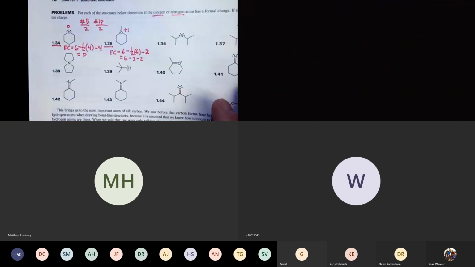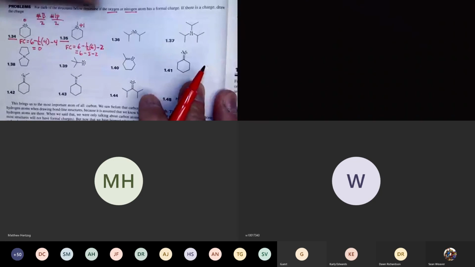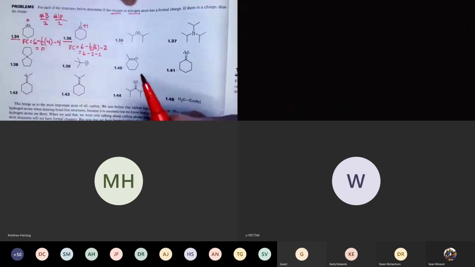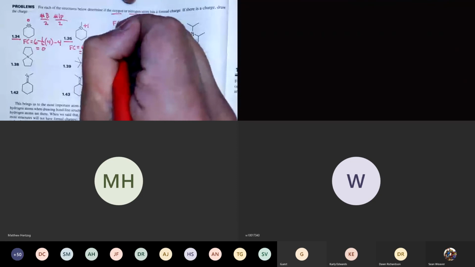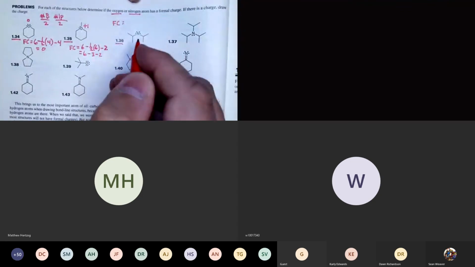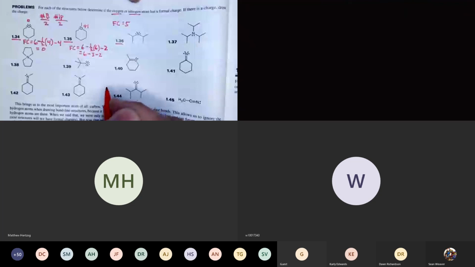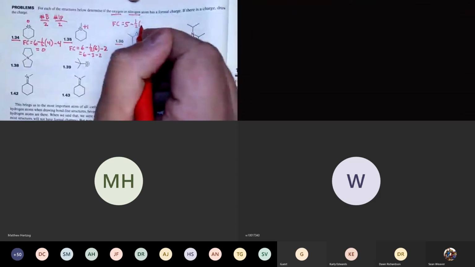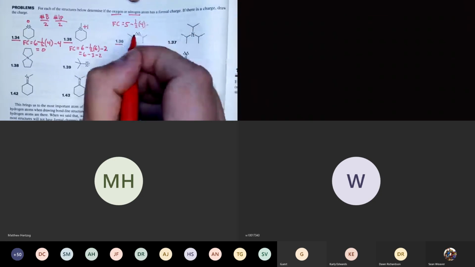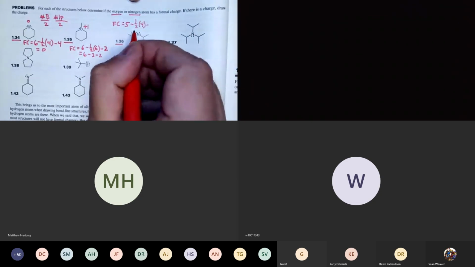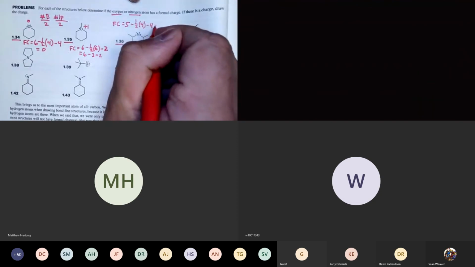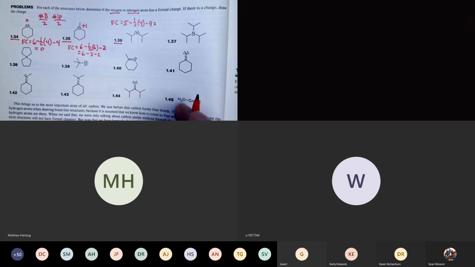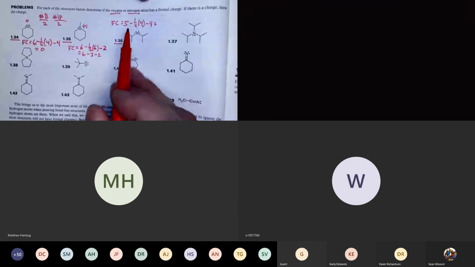Let's finish off with one more, which is a nitrogen, 136. So the formal charge on this nitrogen is group 5 minus 1/2 the bonding electrons, so there's 2, 4, minus the lone pair electrons, 1, 2, 3, 4. So Garima and James are sort of disagreeing. Let's just go through the math here.